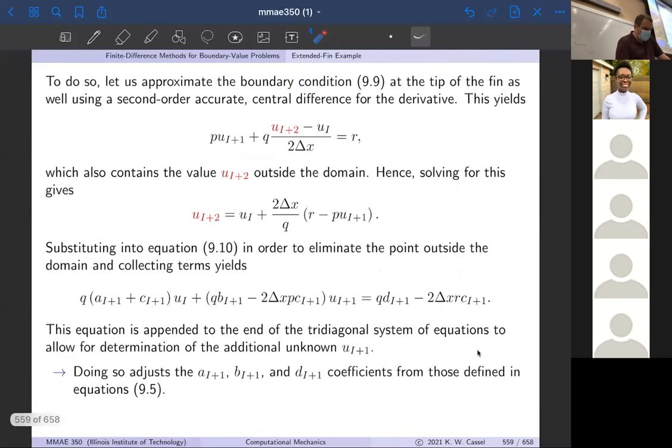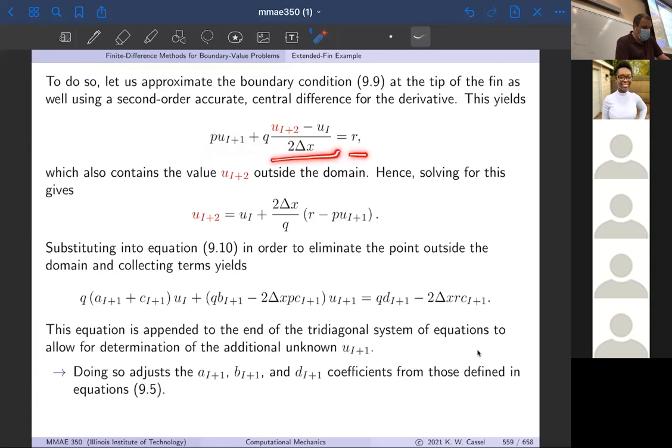And then I'll see if I can use it to eliminate this U I plus 2. All right, so here's the P U I plus 1 plus Q times du dx at capital I plus 1. So that is U I plus 2 minus U I over 2 delta x. That's just a second order accurate central difference approximation for that first derivative.